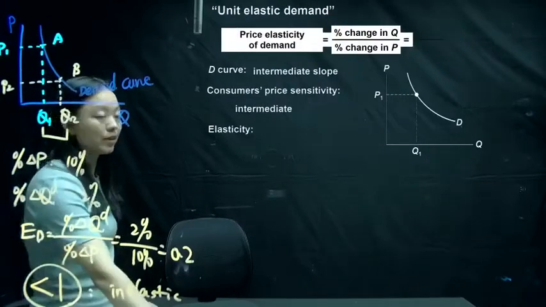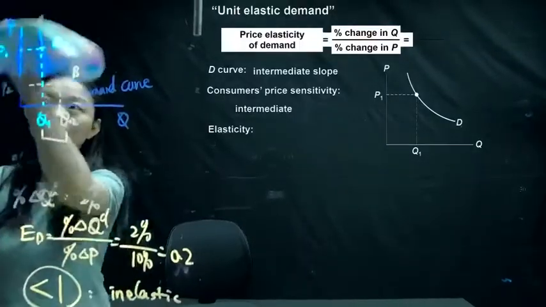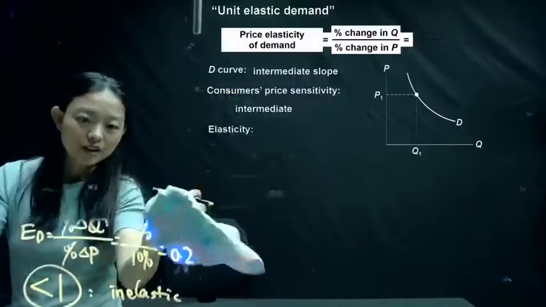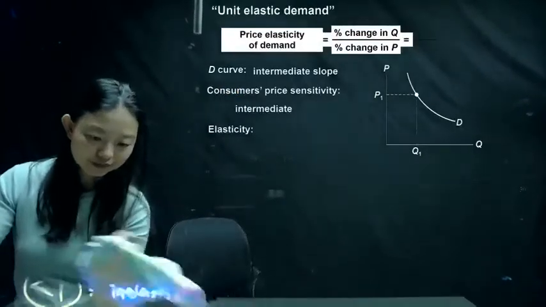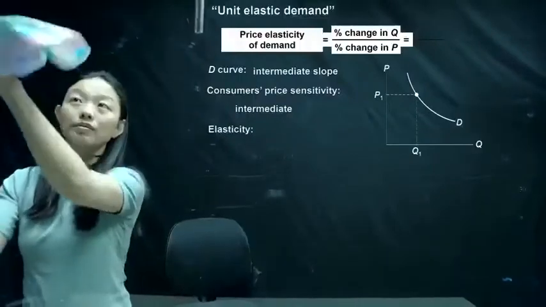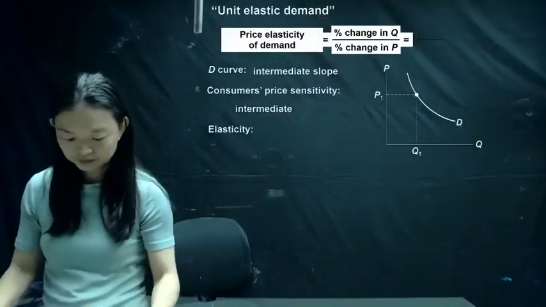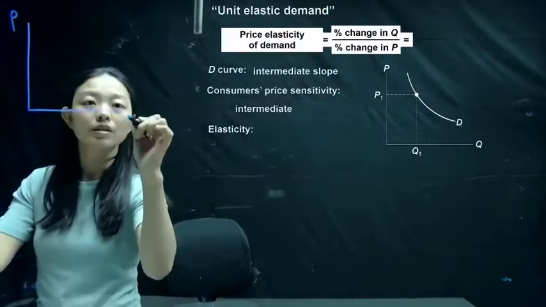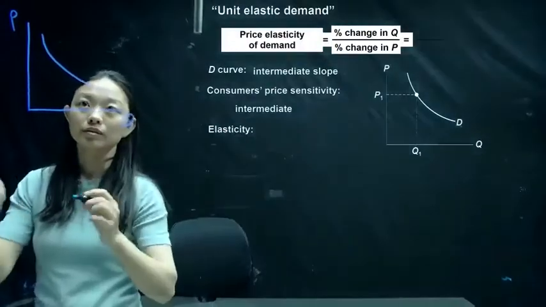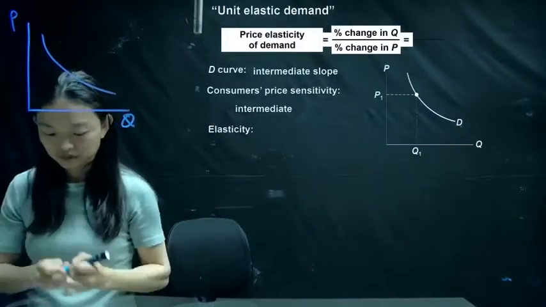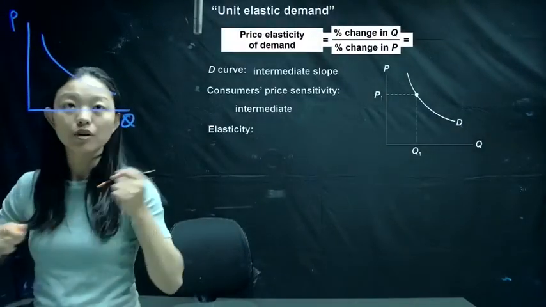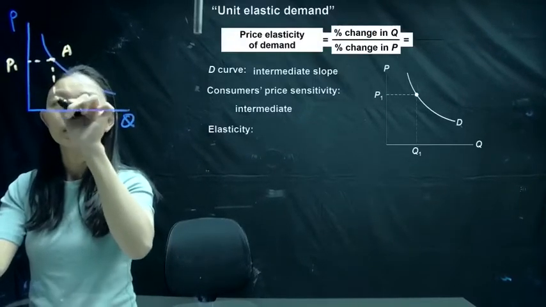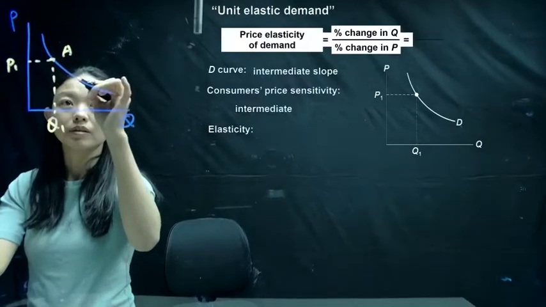Now let's move on to the third case. In the third case, you can see from this graph, this is P, this is Q, and we also have 2 points, okay, point A, P1, Q1.